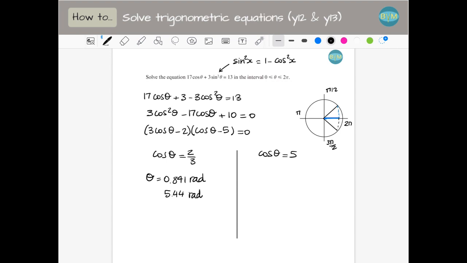And you don't have more because the next one will be over 2 pi. Yeah. And now I explore this solution. Be careful because cos of theta, remember that cos of an angle is between -1 and 1, so it cannot be 5. This one is not possible. And even if you don't realize, when you do cos -1 in the calculator, it's going to give you an error. So that's fine. So my two solutions in that interval are these two solutions.